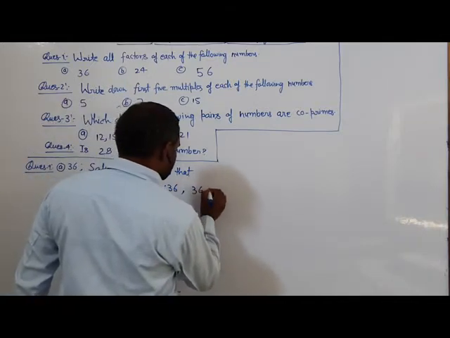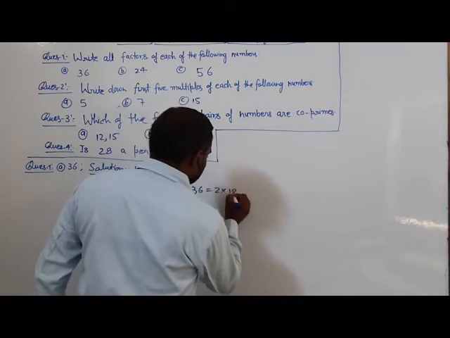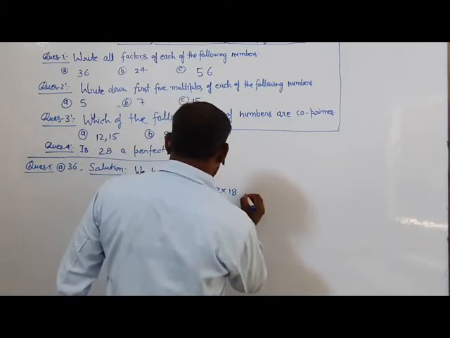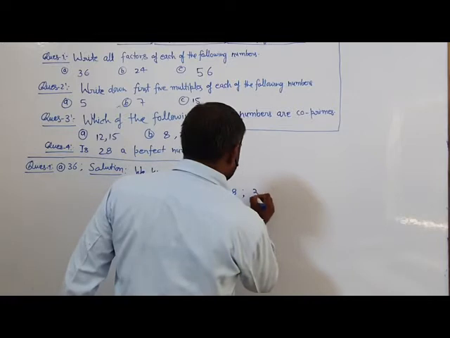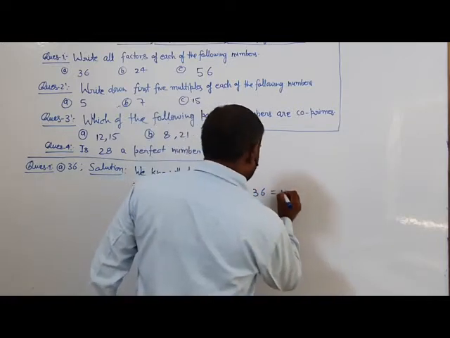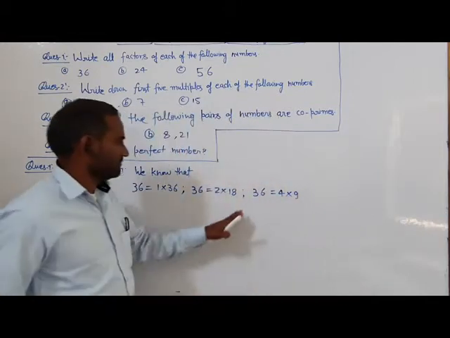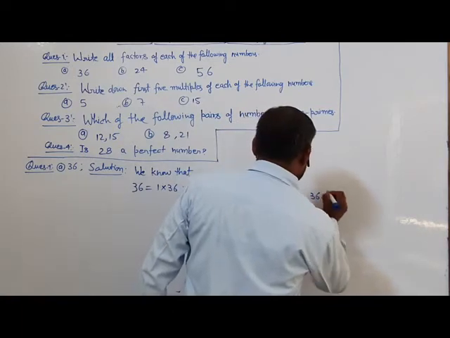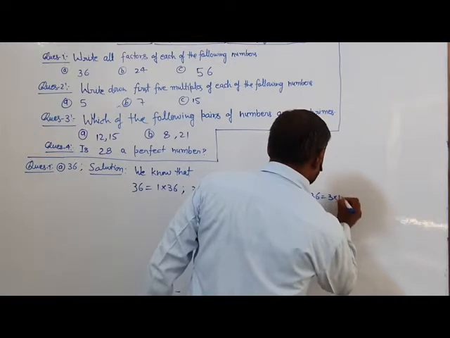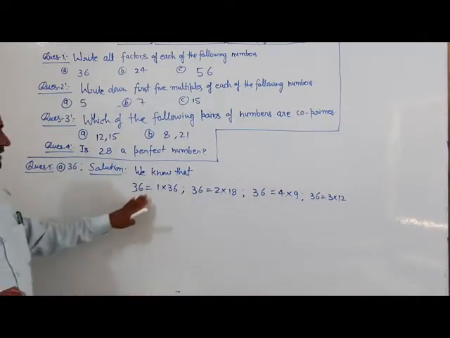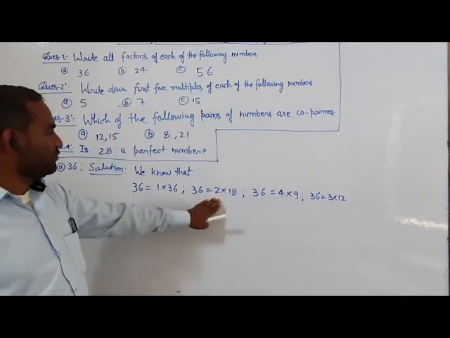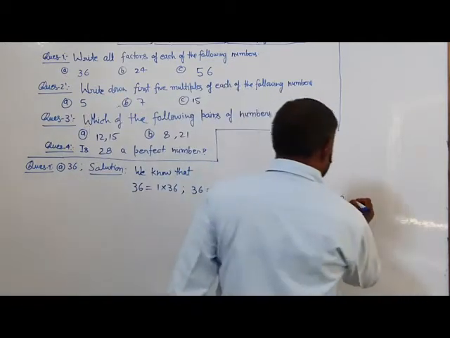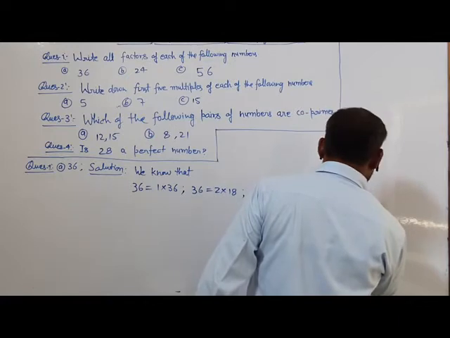Second, 36 is equal to 2 into 18. Third, 36 is equal to 4 into 9. 4 nines are 36. 36 is equal to 3 into 12.